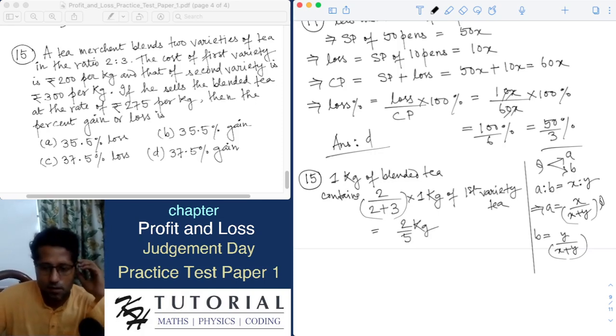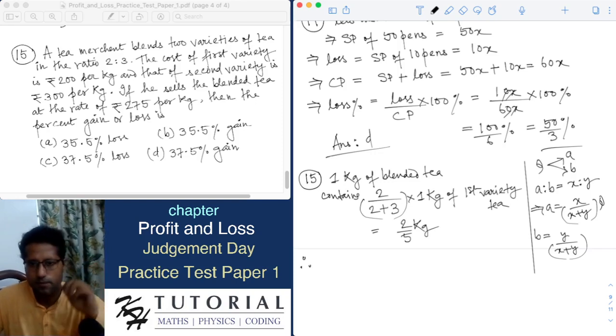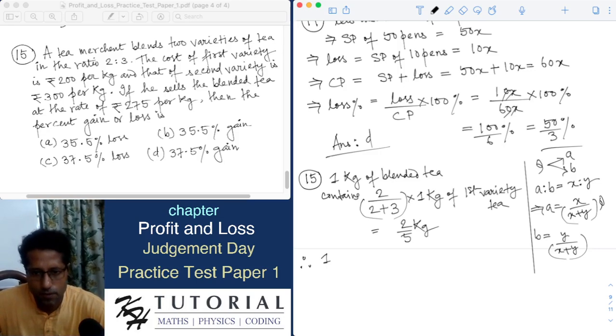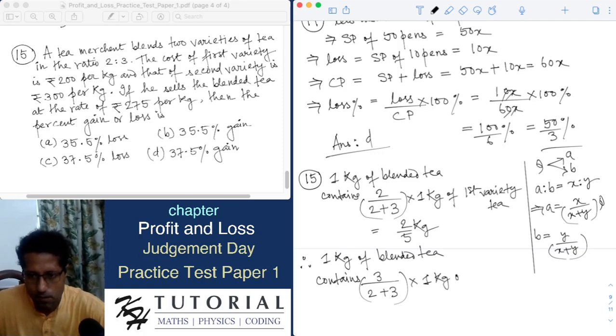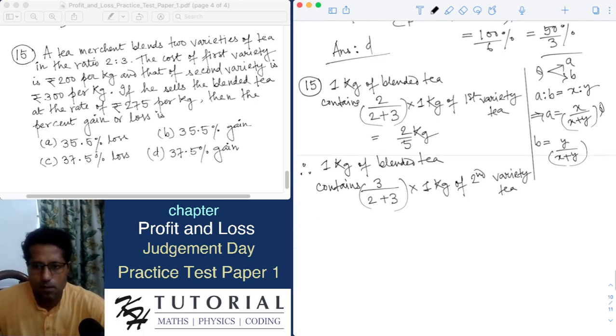Similarly, 1 kg of blended tea contains 3 by 2 plus 3 into 1 kg of second variety tea, which equals 3 by 5 kg.